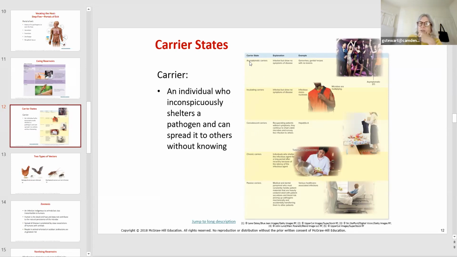Most of the carriers of COVID are either asymptomatic or incubating, right? They haven't shown any sign of disease yet, but they're carrying it and they're going to get sick, or they're recovering and they're not completely convalescent yet and they're still shedding virus. We're not sure if they're shedding whole virus or if they're just shedding RNA. We don't know, but I think, of course, as time goes on, we're going to find out more and more.